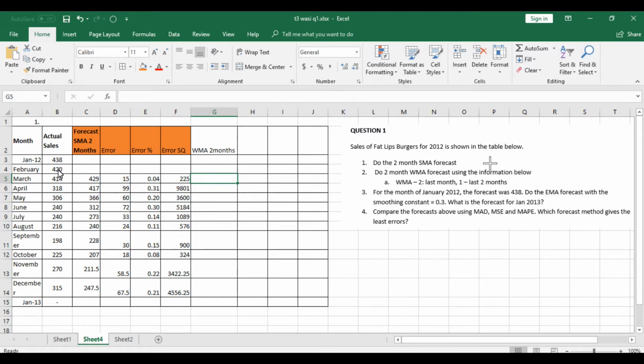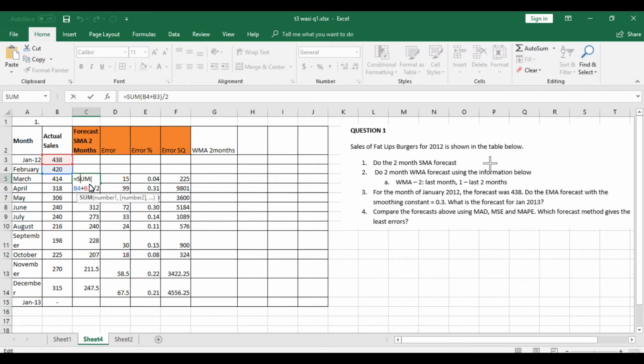Sum of demand in the previous 2 month period, and for March the previous periods are February and January. So just divide by n. Here n is just these two, January and February, only 2 months. We will add these two and divide by 2.